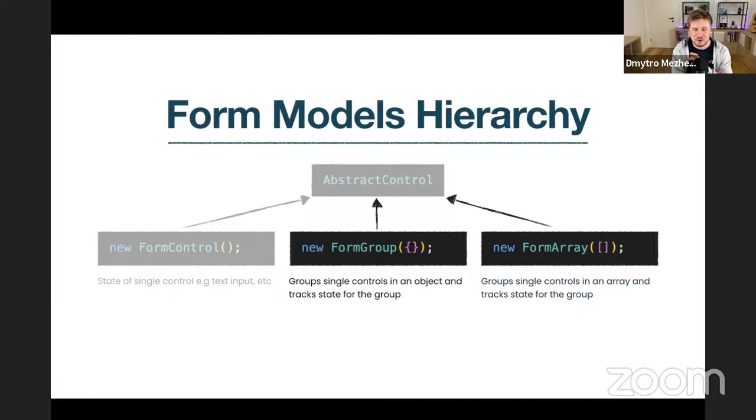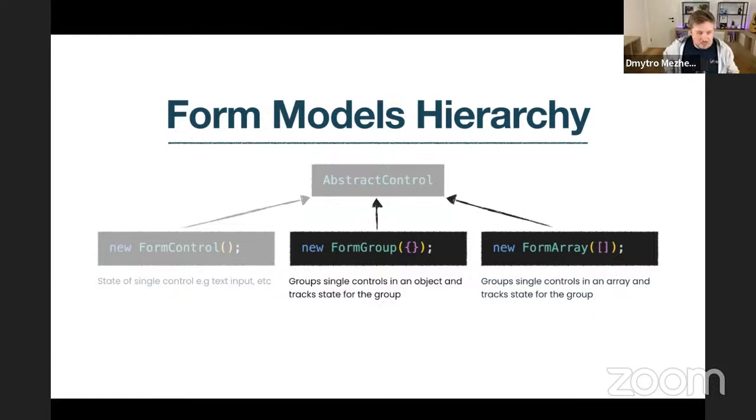It is needed just for typings for dynamic forms, when you add controls dynamically to the group of controls and you want to have proper typings, then you use form record. But because I had a lack of space, I decided to keep only form group and form array.